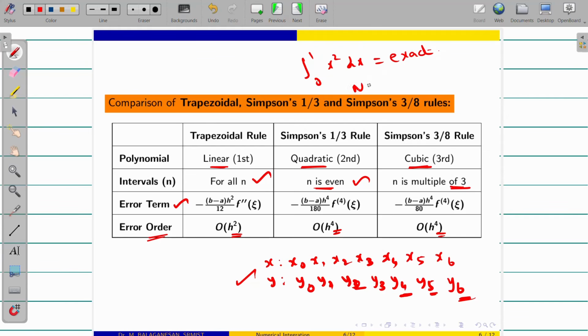Numerically, if you're solving, we can get approximate, nearer to accurate only. While finding the nearer to accurate, more error will be there in the trapezoidal. In 1/3 and 3/8, error will be less. Suppose you want to apply only one rule, most of the authors will prefer Simpson 1/3 rule, as that will give more accuracy nearer to the exact one.